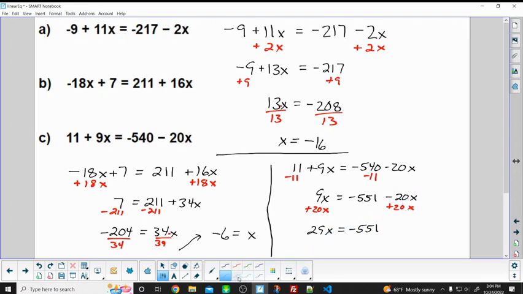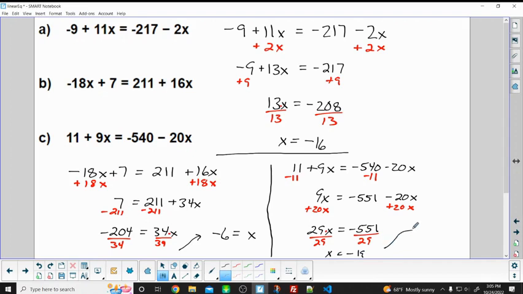So undo that multiplication of 29 on that x. And what you do to one side, you do to the other. So I'm going to divide both sides by 29. And so I get negative 551 divided by 29 is equal to negative 19. So we have x equal to negative 19.